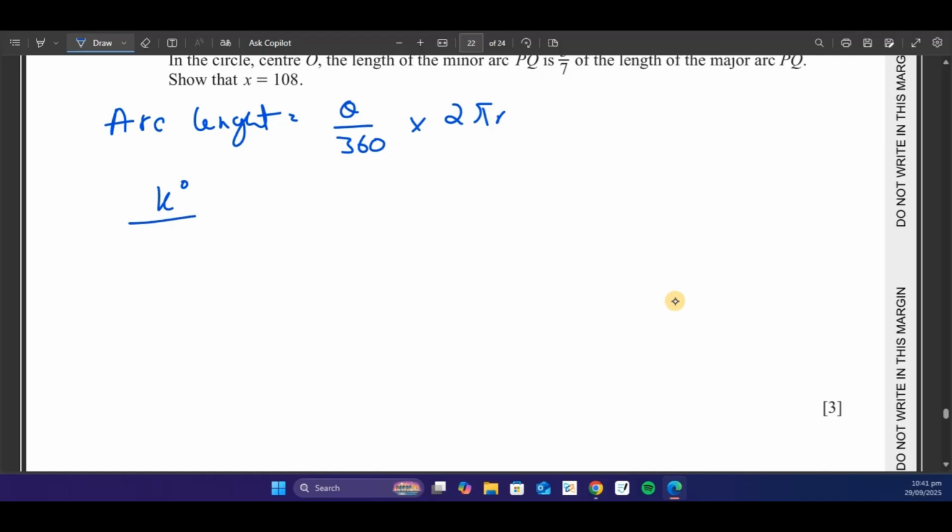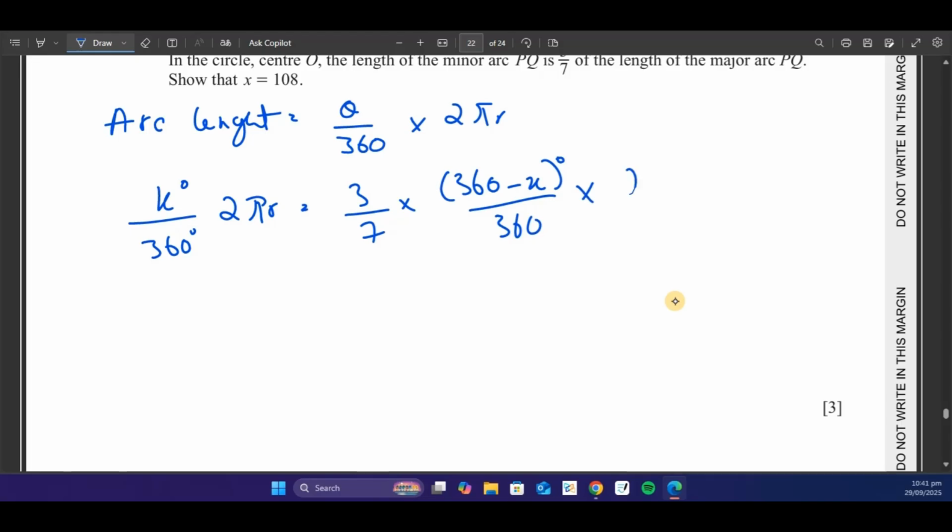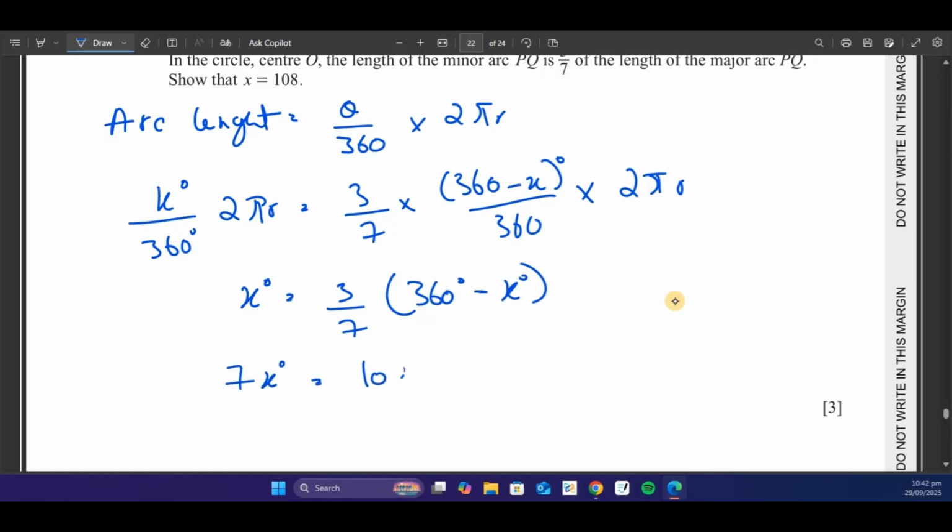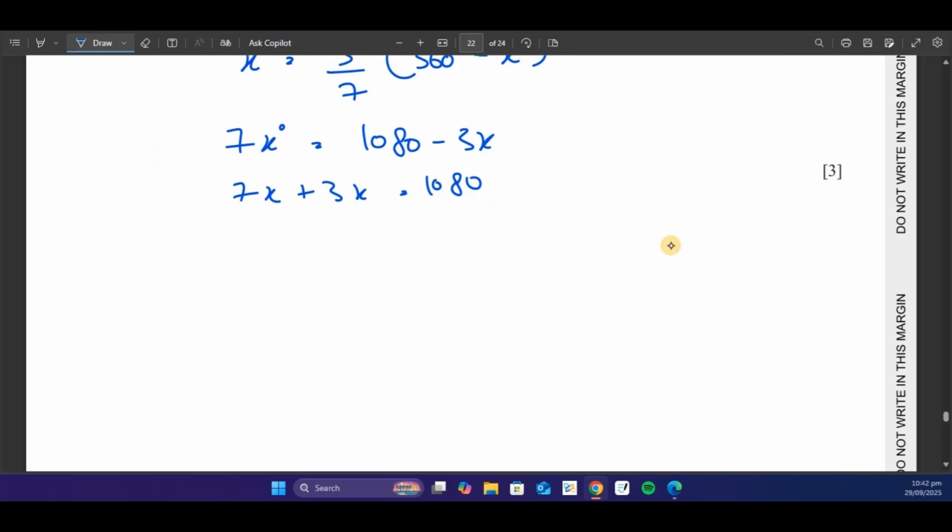That should give us 10x equals 1080, and x would just be 1080 over 10, which is 108.